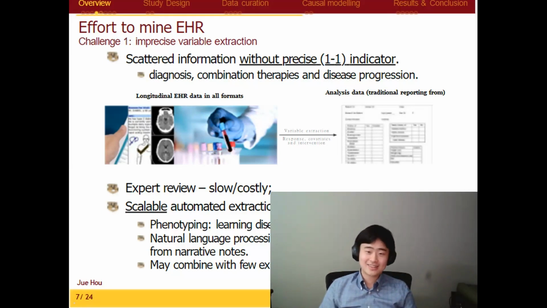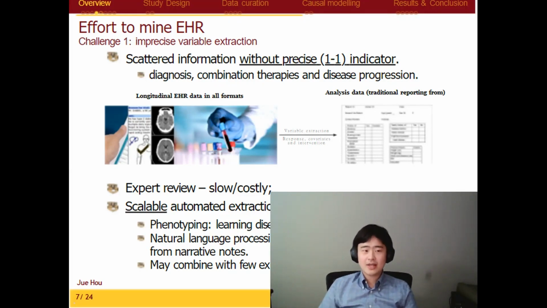However, finding the ones relevant to, for example, a disease diagnosis or certain progression of the disease is really hard, right? One thing is that there are errors for those codes you can think of easily, they have the same name. The other thing is that for certain variables like disease progression, we don't really have a one-to-one precise indicator in the data set. There's no code called cancer progression in the EHR system. So it raises a challenge for us to do cancer research.